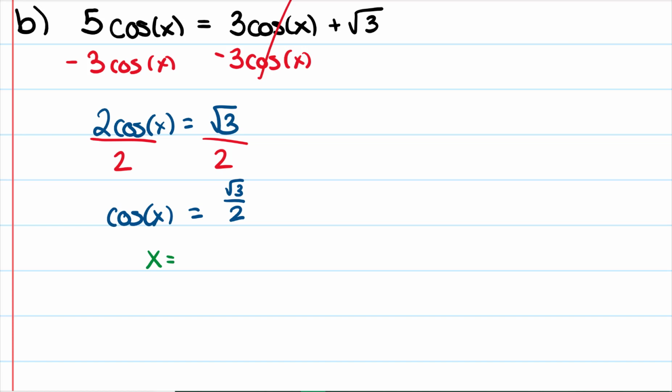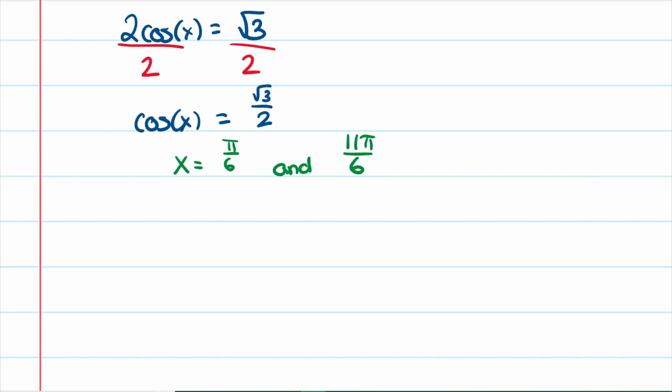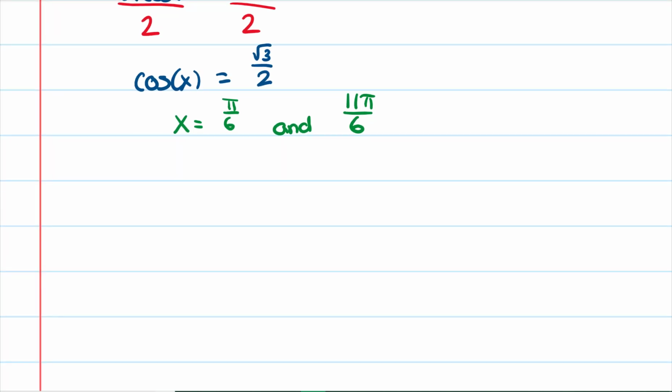Well, it's equal to the square root of 3 over 2 at pi over 6 and at 11 pi over 6. So that's most of our solution. However, cosine repeats, and so we're going to get infinite solutions.